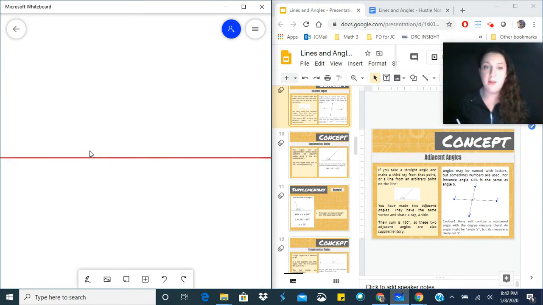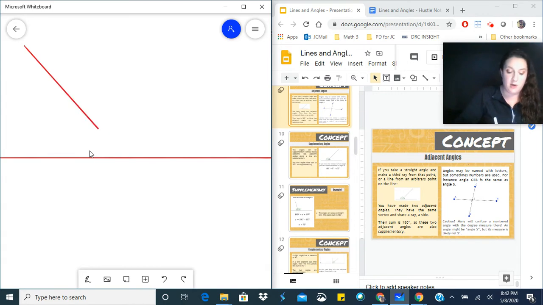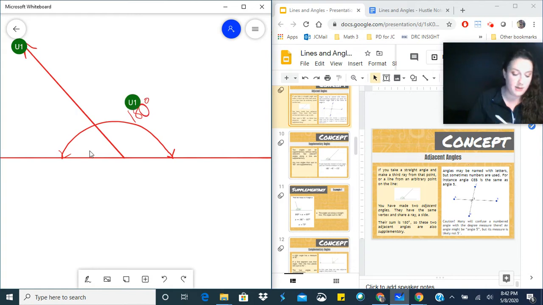Pretty nifty. So if I draw any line, I'm just going to pick a random line and draw that ray. Here's my ray, okay? We know that from here all the way over to there is 180 degrees. I'm going to make it up and say that this angle is 105 degrees.